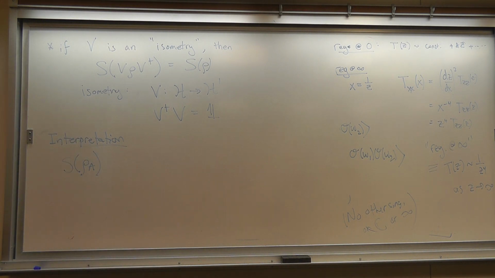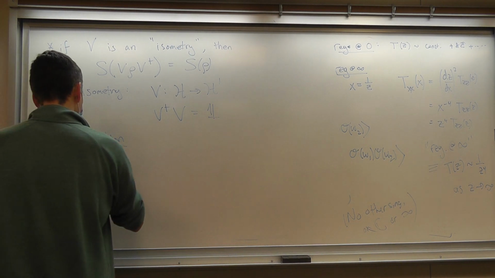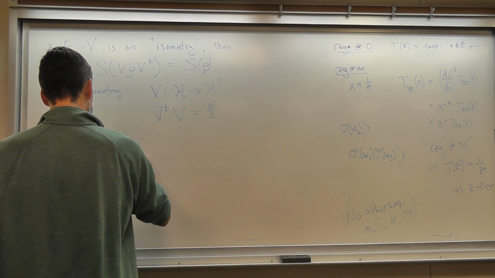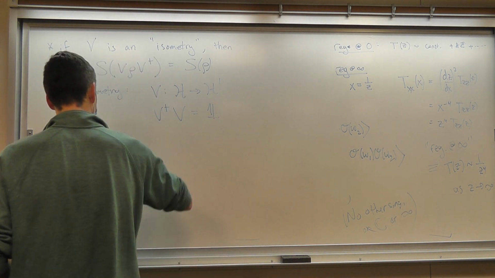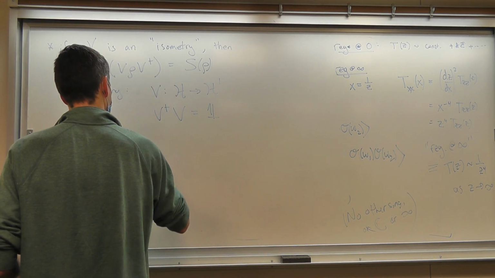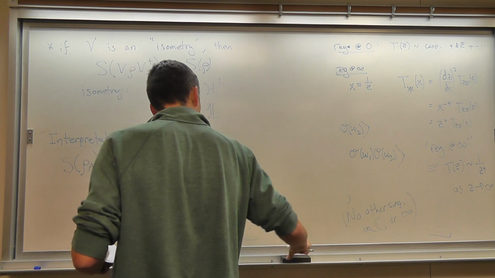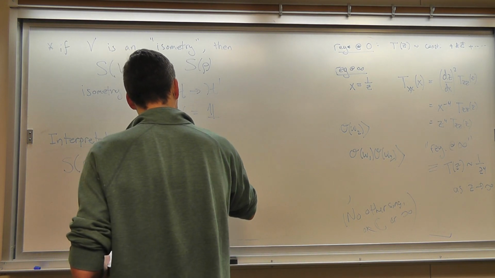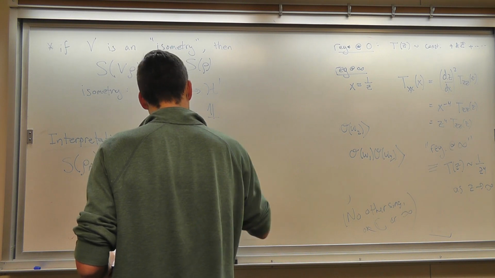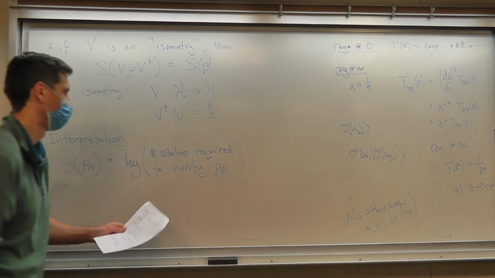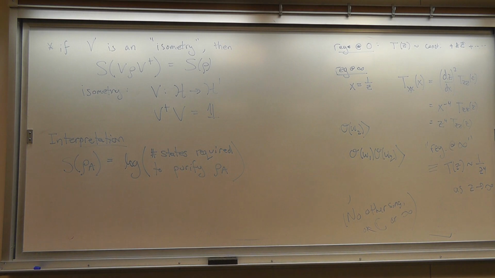The von Neumann entropy of a density matrix rho A is the log of the number of states required to purify rho A. This is approximate.